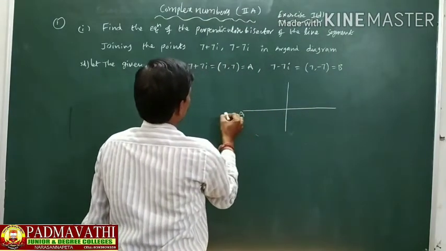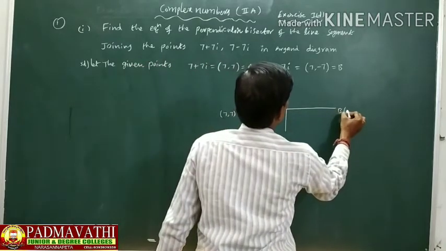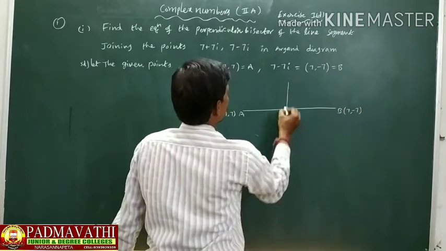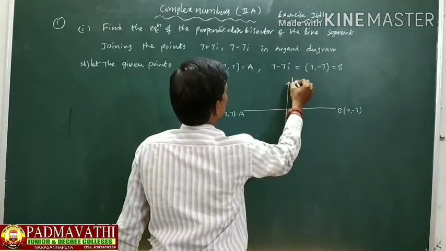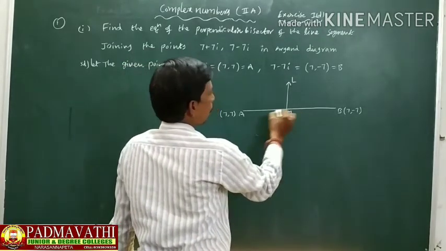A is (7, 7), B is (7, -7). The perpendicular bisector line, let us take L. So, M is the midpoint of AB.